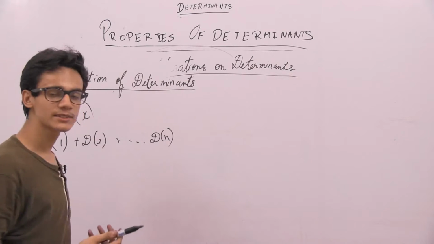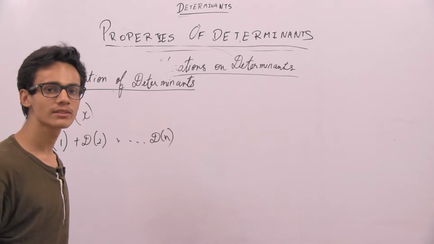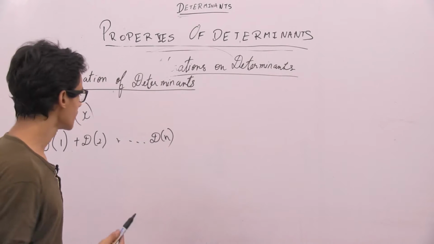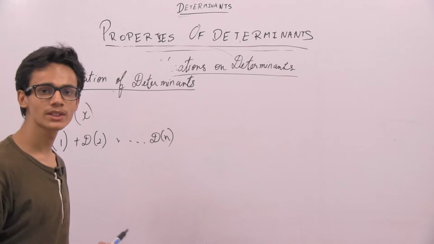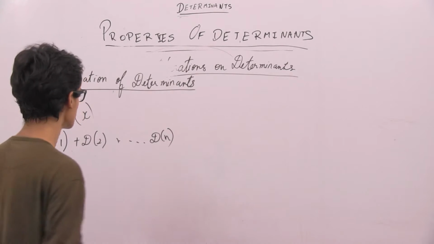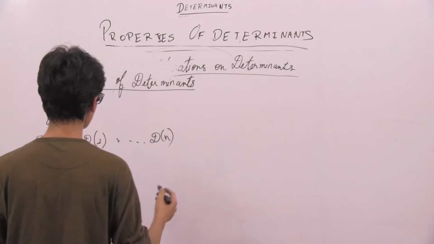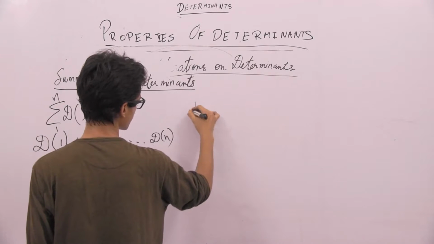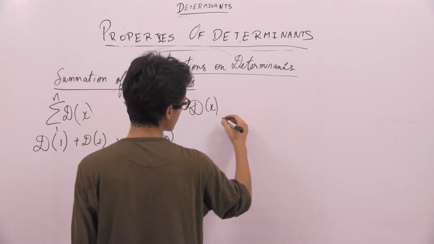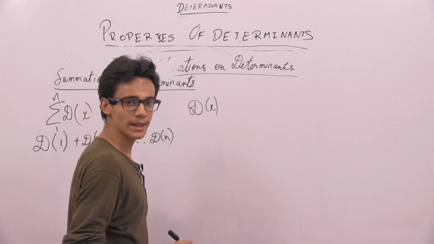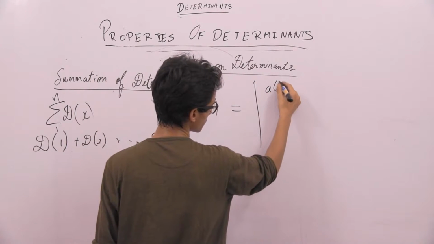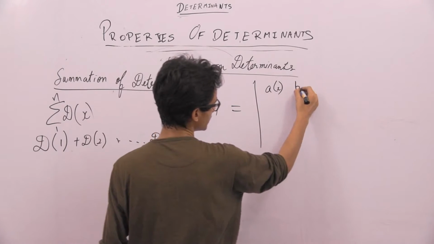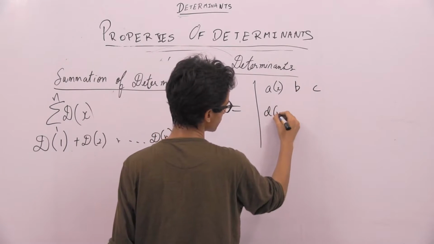We can do this by expanding the determinant also, but it will take us a lot of time. So our aim is to find a way in which we can do the summation without having to expand the determinant. So let's say we had a determinant with a, b, c, d, e, f, g, h, i, where a, d, g are dependent on x.